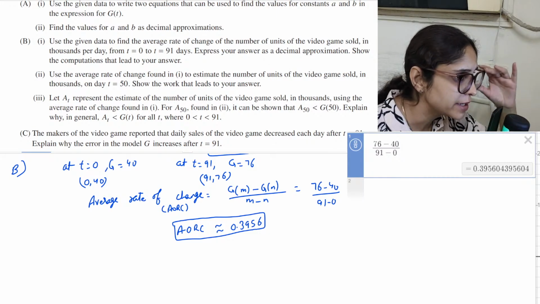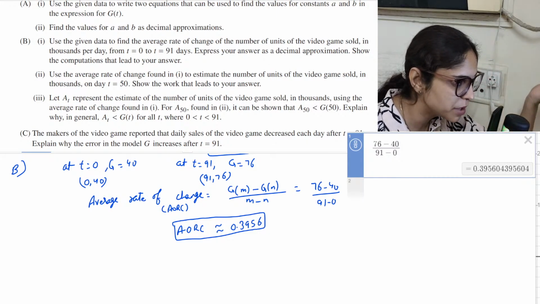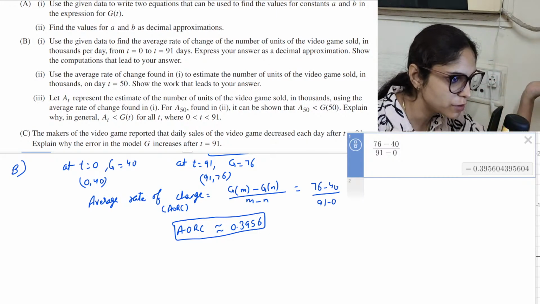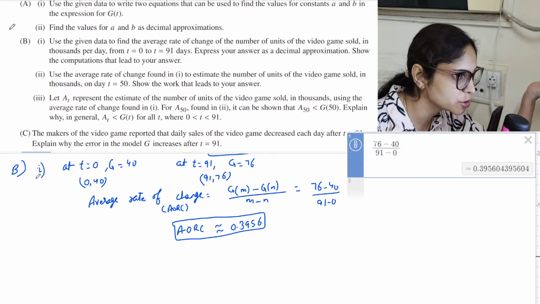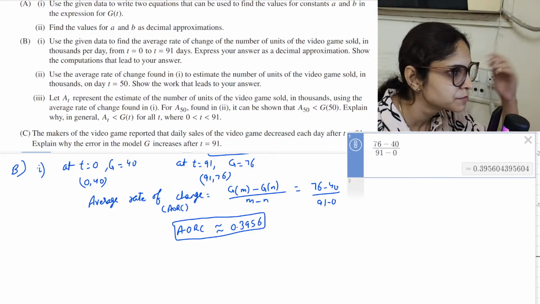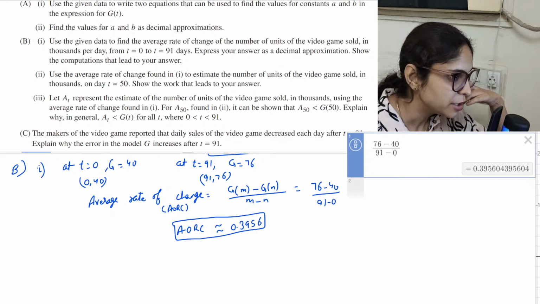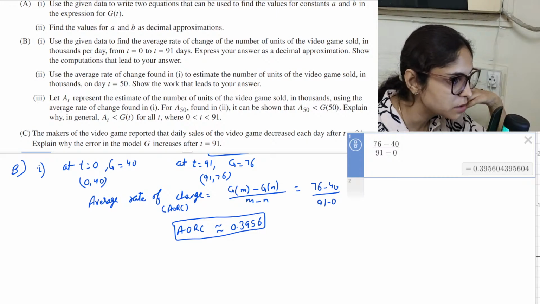So now we just had to find average rate of change for the first part. So B1, we are just finding average rate of change. Now in the second part, use the average rate of change found in first to estimate the number of units of the video game sold in thousands on day T is equal to 50.